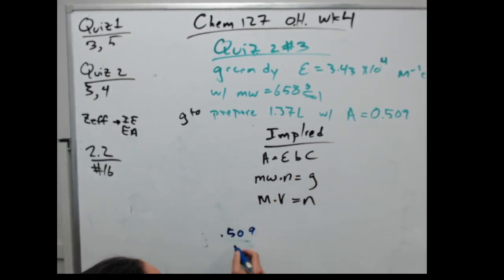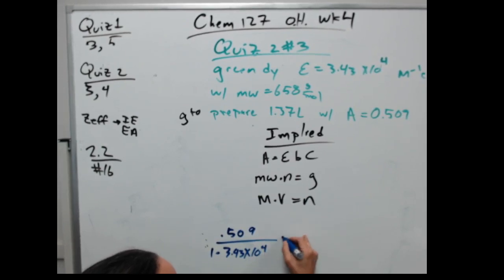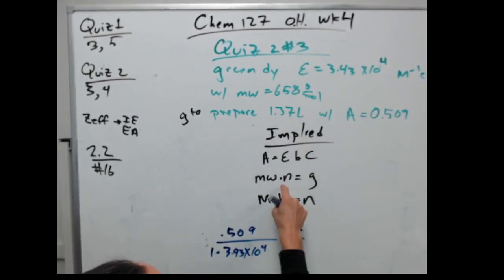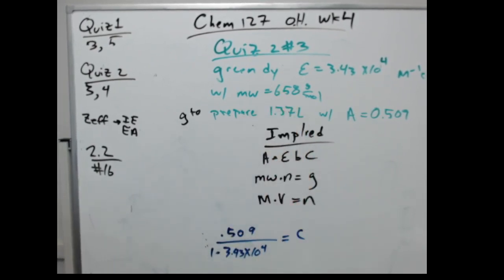I'm going to divide by B and epsilon, so the path length is 1 again. Epsilon is 3.43 times 10 to the 4. That's going to give me concentration. Then I do concentration times volume gets moles. Moles times molecular weight gives me grams. So this is recognizing that these 2 problems are, from my perspective, the same problem.